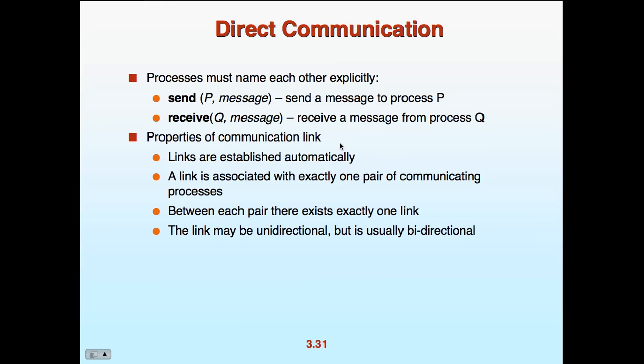So properties of the communication link. The links are established automatically. Actually, email is established automatically through the server, the shared communication device, the email server. And a link is associated with exactly one pair of communicating processes. In between each pair, there exists only one link. And the link is unidirectional, but it's usually bidirectional. It can be, maybe unidirectional, it might be bidirectional.